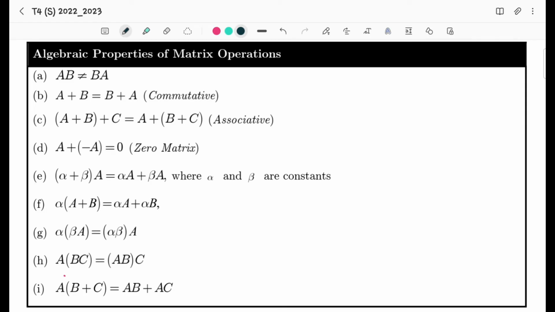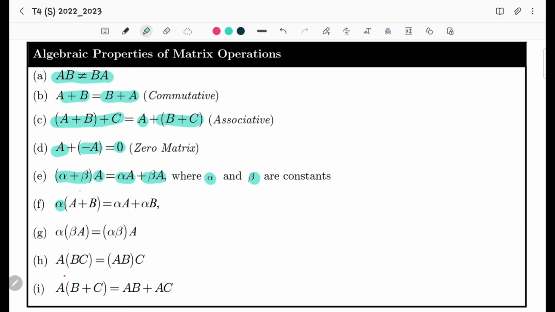Properties of matrix operations. So A times B is not equal to B times A, and then A plus B is equal to B plus A. A plus B plus C is equal to A plus B plus C. And then A plus negative A is equal to 0. Alpha plus beta times matrix A is equal to alpha A plus beta A, where alpha and beta are constants.